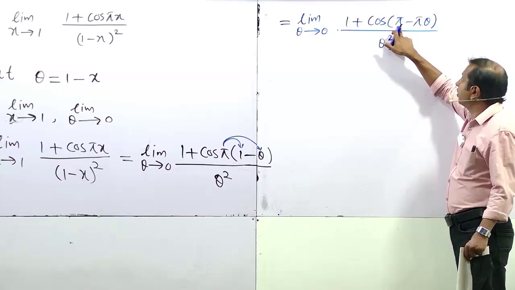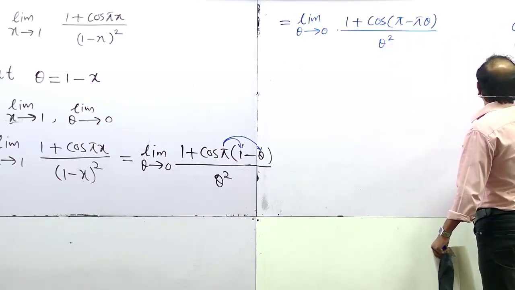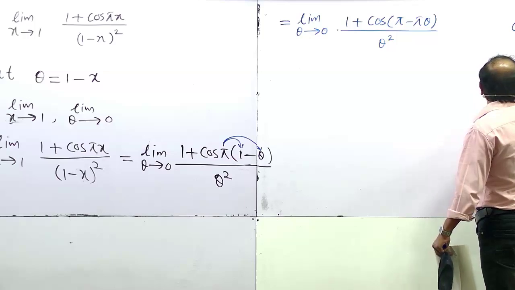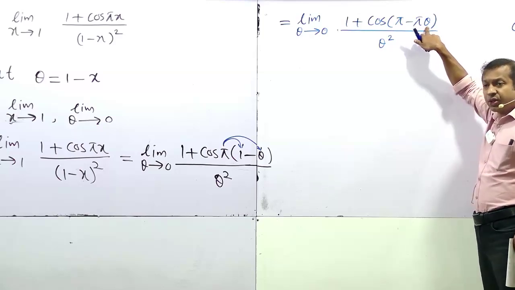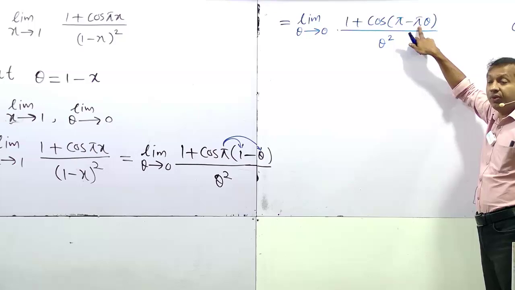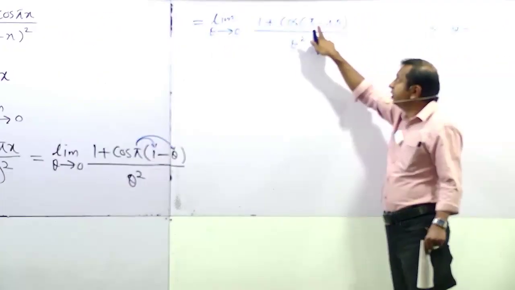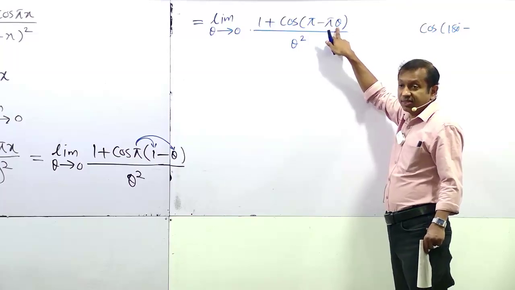Then this cos pi minus pi theta. This pi we assume as 180. Here pi theta. What is the actual value of pi in radians? 22/7. This is now an angle. This one we take as 180. This pi theta we assume as an angle in radians.